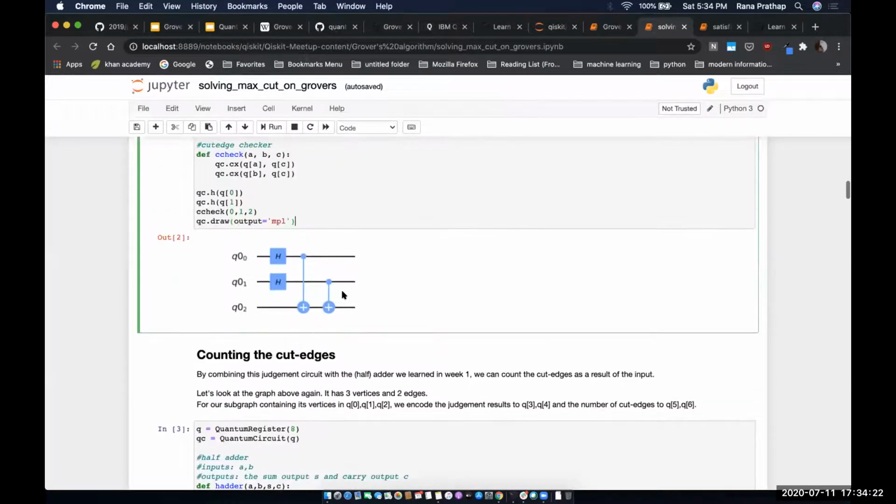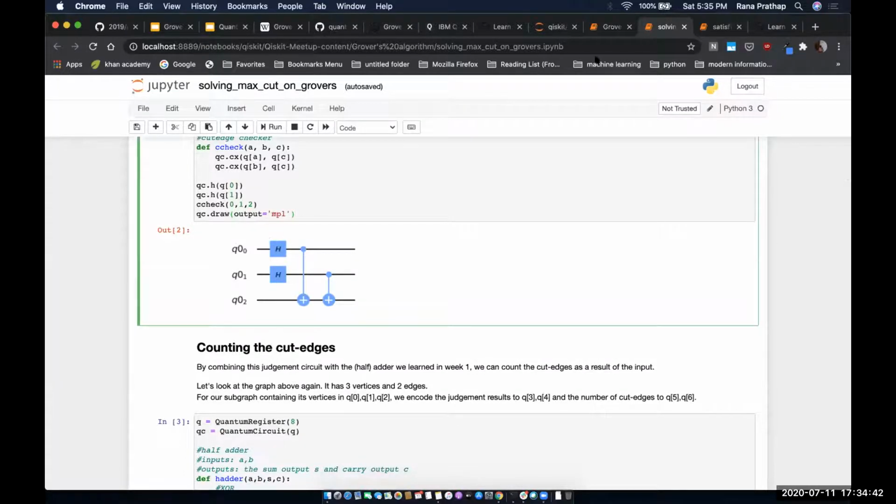So we know that this specific circuit will be 1 whenever there's an edge being cut. So if it's 1, 0, then we know that one node is on the left side, the other node is on the right side, right? So if only one of them is 1 and the other is 0, then we know there is a cut.